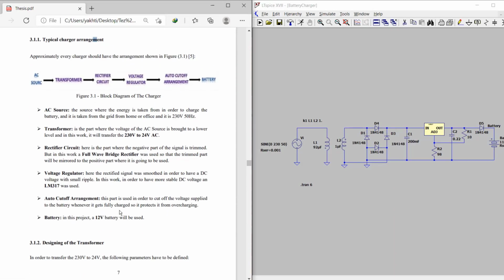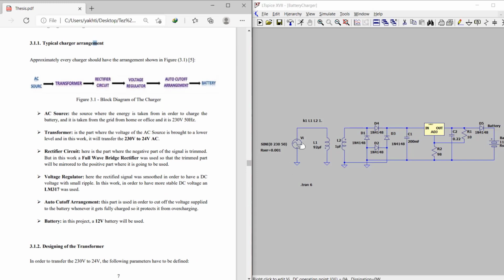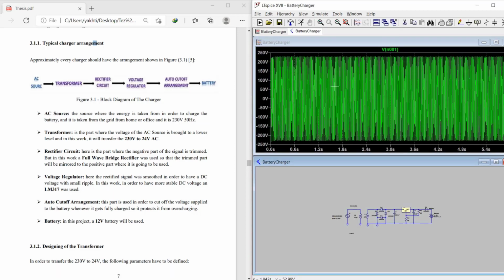So this is our voltage source, which gives us a 230 volt, 50 hertz AC signal. So we can see it here.